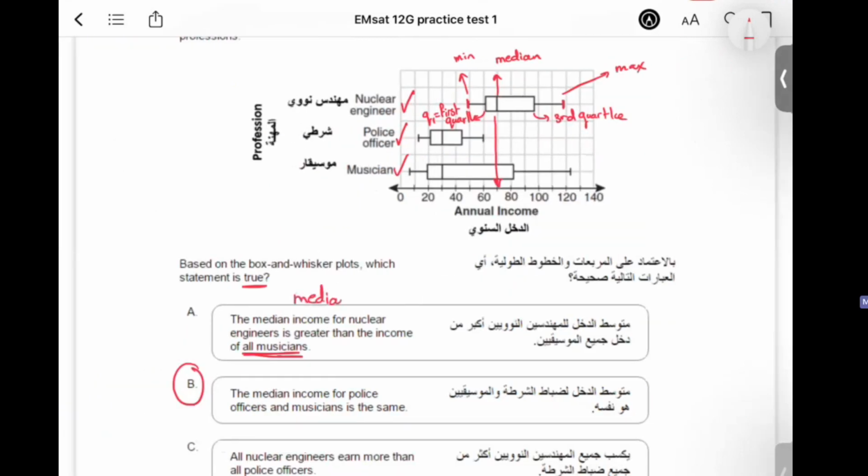Let us just simplify, it is scoring 70. He is saying that whatever income he is making, which is 70, is greater than all musicians. But if you go here, as a musician, your maximum value is 120. Thus basically, when he said all, this statement is wrong.